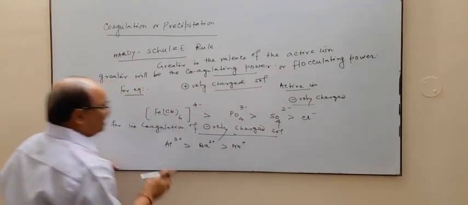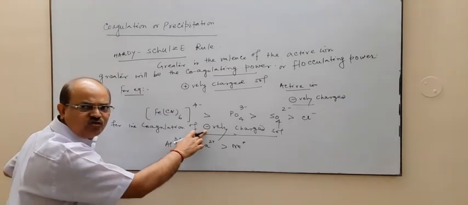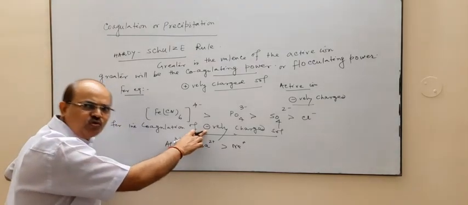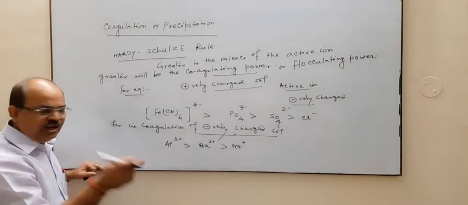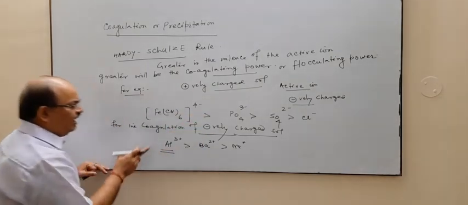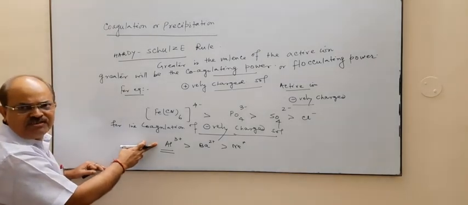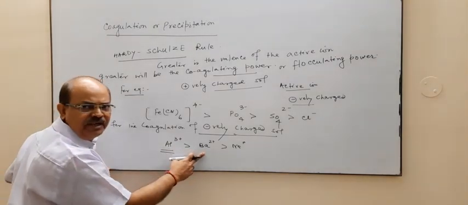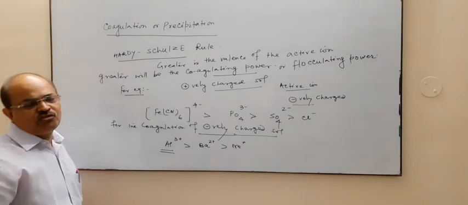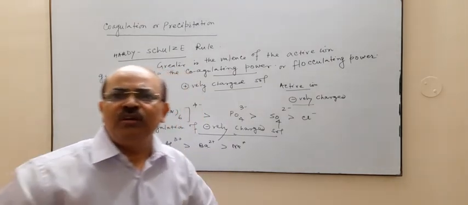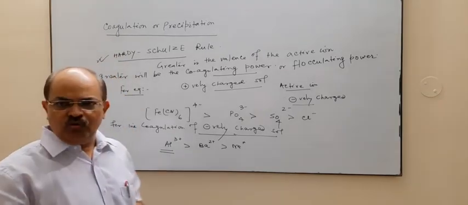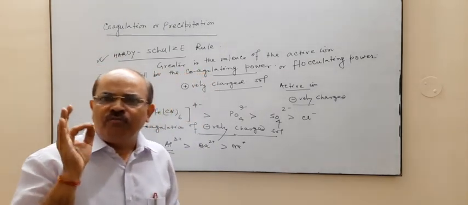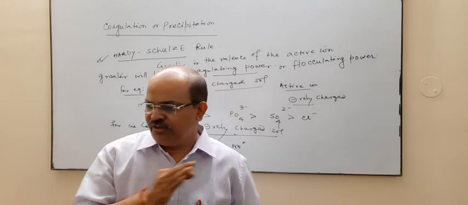Here you have to coagulate a negatively charged sol, so the active ion should have positive charge. So aluminium ion has maximum coagulating power, then barium ion, and then sodium ion. This rule is known as the Hardy-Schulze rule. It is very important from the examination point of view.